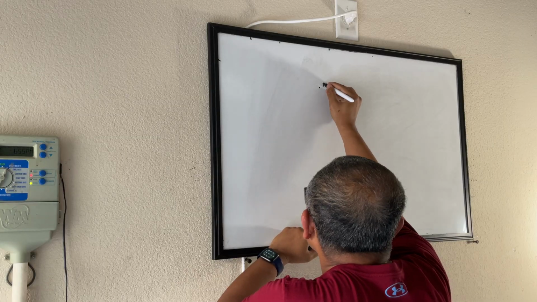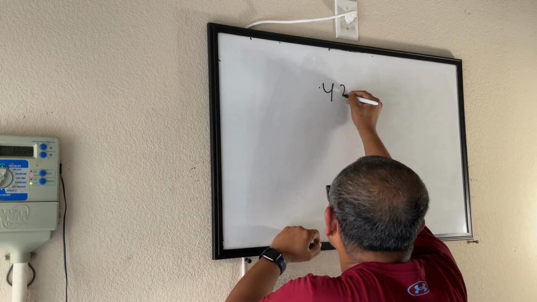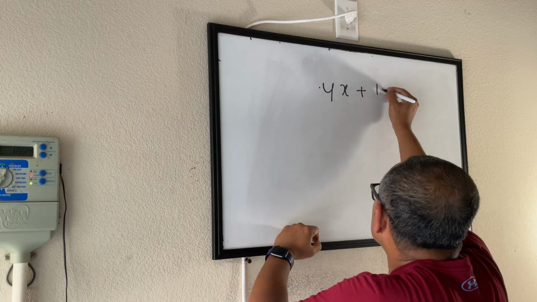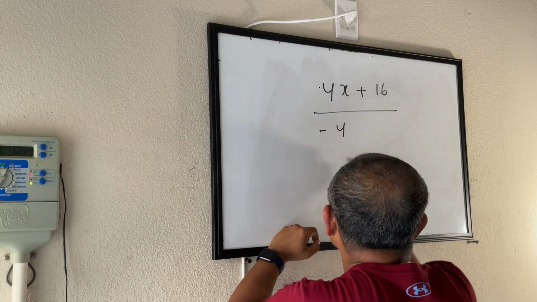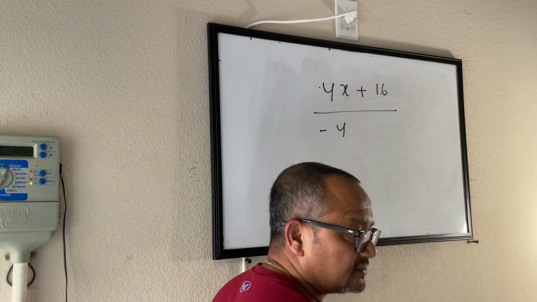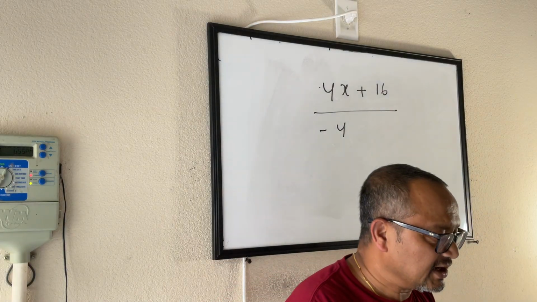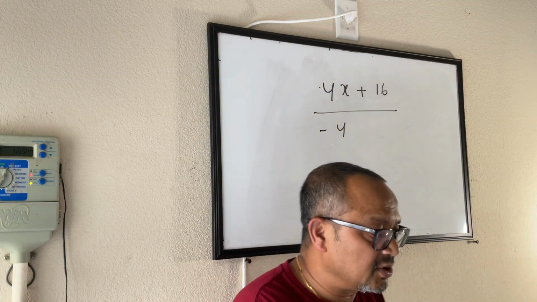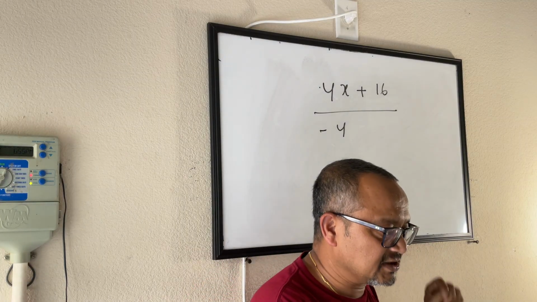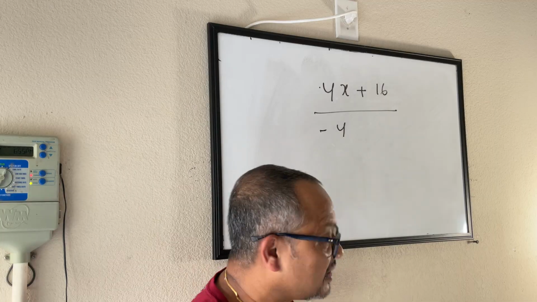I'm saying 4x plus 16 divided by 4, and this time I'm saying minus 4. Made it a little tricky. I'm moving from simple numbers to expressions. Can you guys solve it real quick?